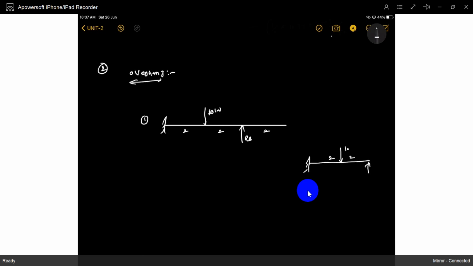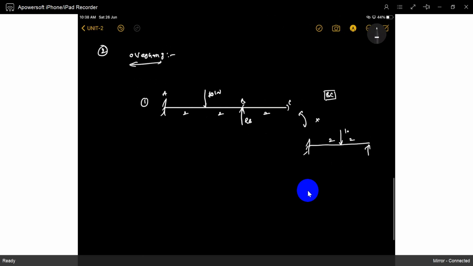The span of BC won't experience any shear or bending. So no use at all, it is just there, nothing. Both are equal, so it's not a problem, it's a waste.